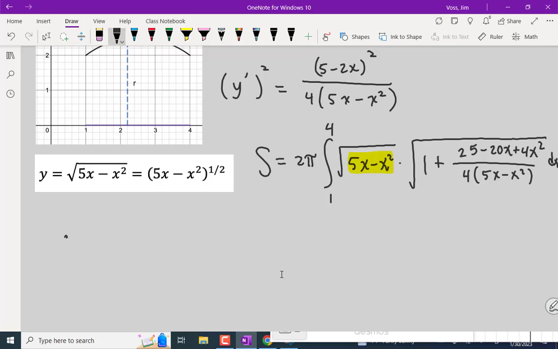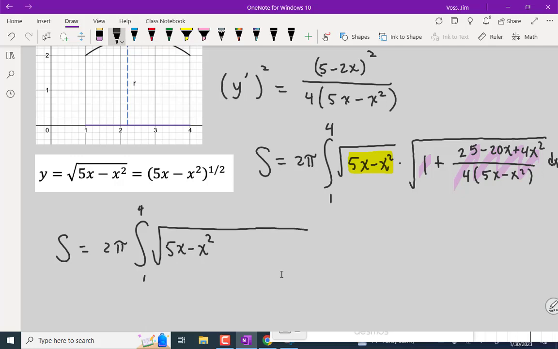So we end up with s equals 2 pi integral, 1 to 4. So one big square root, 5x minus x squared is going to be multiplied by 1 first. And when we multiply it by 1, we just get 5x minus x squared. When we multiply it by the second part, it cancels with the big chunk of the denominator.